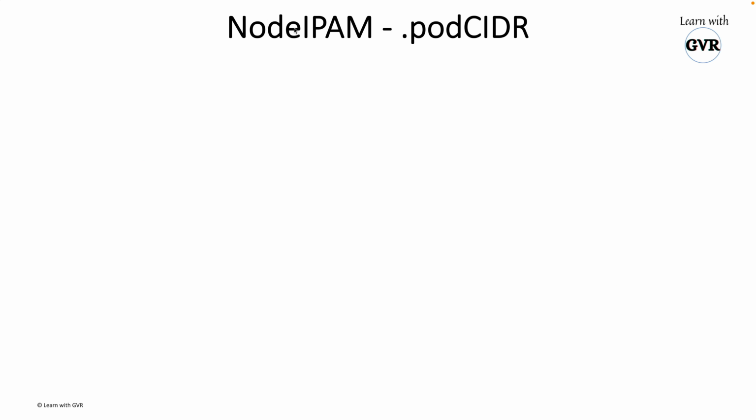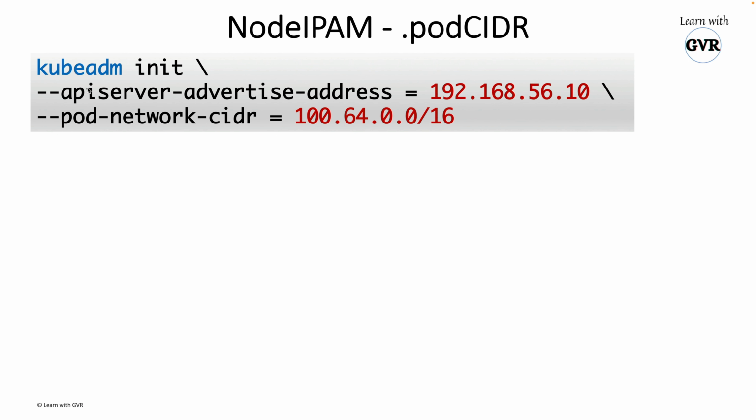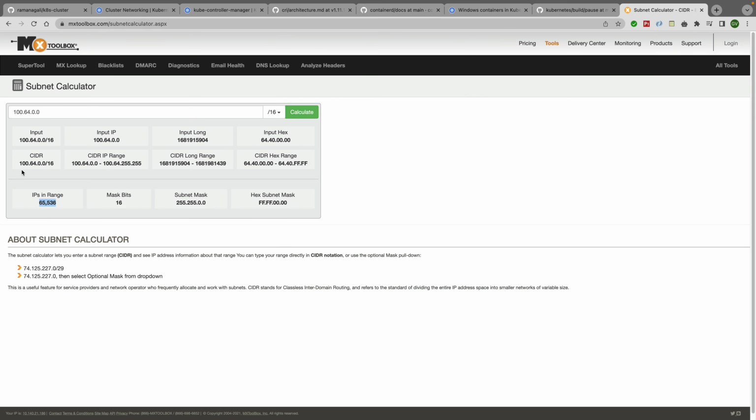Now node IP address management, which is NodeIPAM and podCIDR. In the CKA we learned that whenever you are provisioning a new Kubernetes cluster, we issue a kubeadm init command and pass the API server advertise address as well as a pod network CIDR, which determines how many pods I want to give as capacity, as simple as that. 100.64.0.0/16, if you go to the subnet calculator, is 65,000 plus IPs, right?